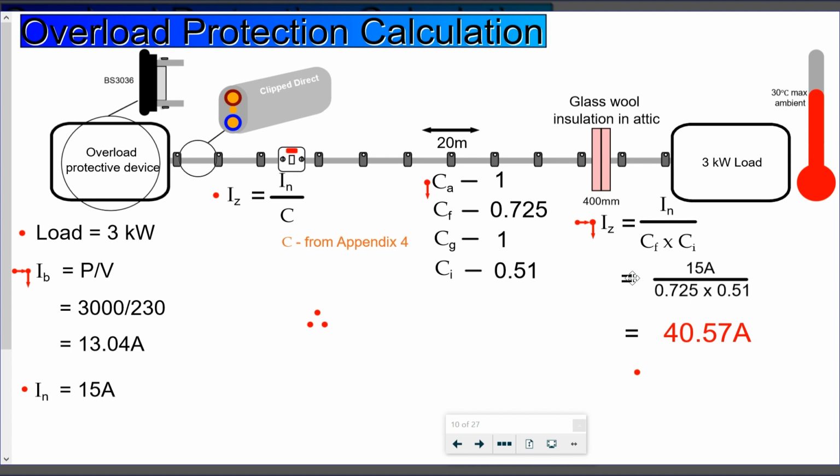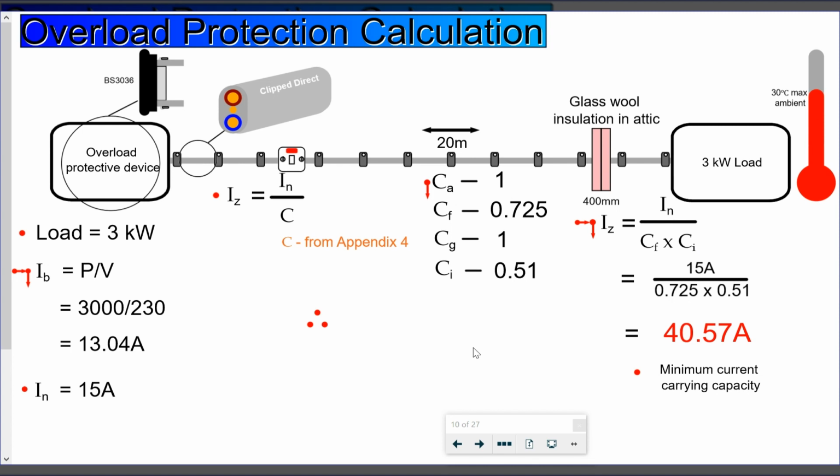As I said there, that is the minimum current carrying capacity of the cable because of the installation method. Okay, because of this overcurrent protective device, this flat twin and earth clipped direct going through glass wool in a general location that sits roughly at 30 degrees C with a 3 kilowatt load connected on the end of it.